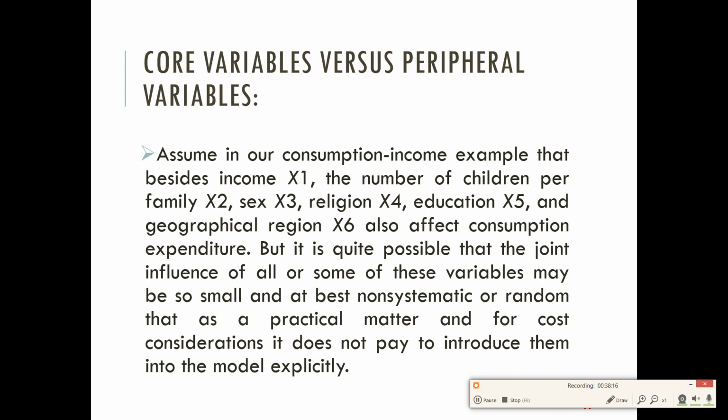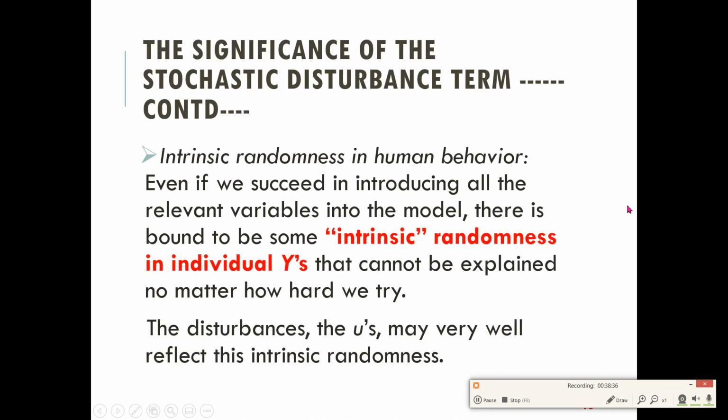I repeatedly use this word: calculation is not what regression is pivoting on. Regression is focused on estimation, right? So there is intrinsic randomness in human beings, so that's why the random error is also a proxy for intrinsic randomness in human behavior, right?